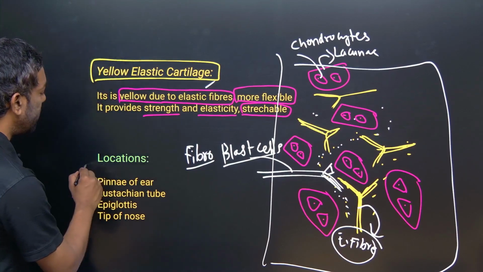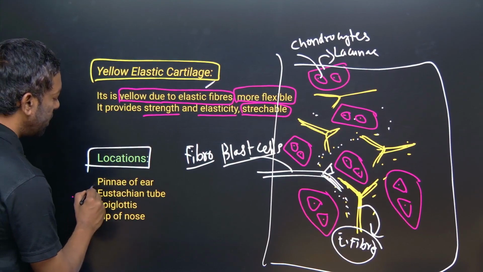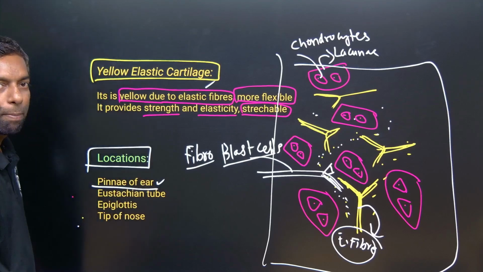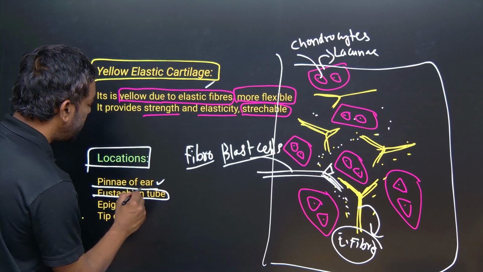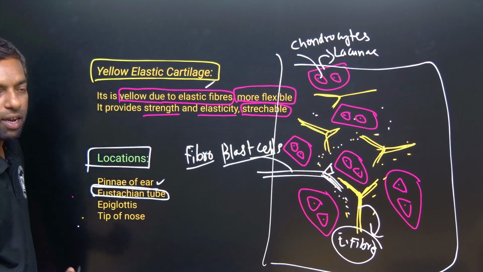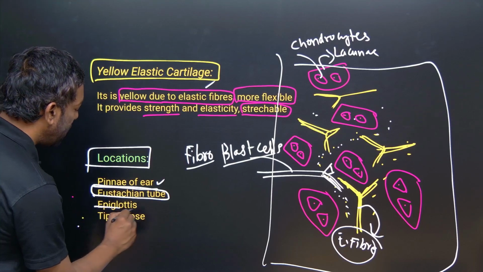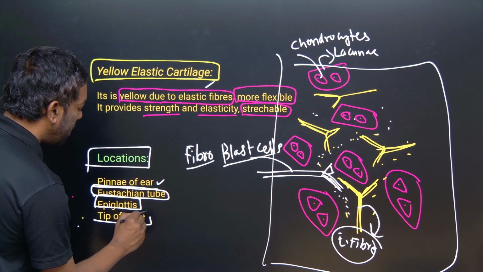Okay, the locations. Pinna of the ear, ear pinnae, and the eustachian tube, which is also part of the ear. Epiglottis, tip of the nose.